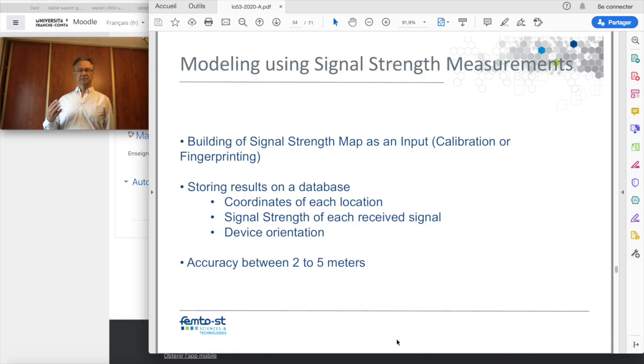So this information must be stored in a database, and at the end the accuracy will be something like 2 to 5 meters, which according to the application can be enough. If you want a better accuracy, you need to use more techniques, more hardware, etc. It will cost much more to have a better accuracy.